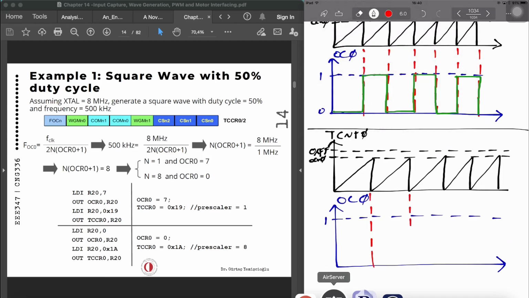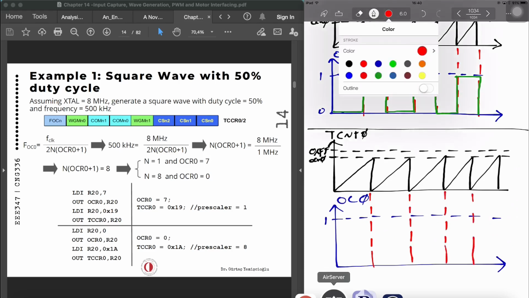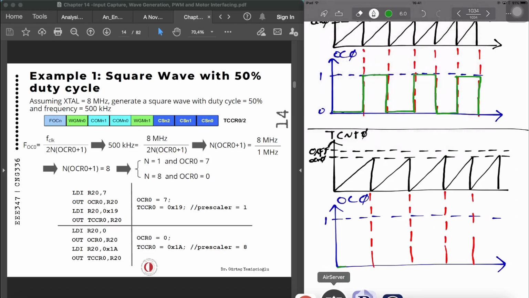As you can see, it's wider as a pulse width. So that means it's going to be slower. This is wider, that means we have a larger period and it will be slower.